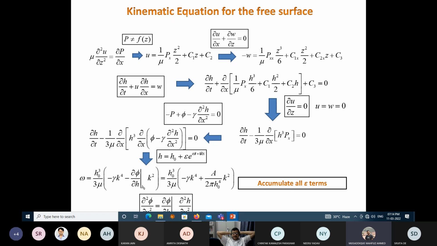T and X are independent. X and T are independent variables, right? So we started with the assumption that H is a function of X and T, right? So X and T are independent variables, H is a dependent variable, right? So is it a linear or nonlinear equation?